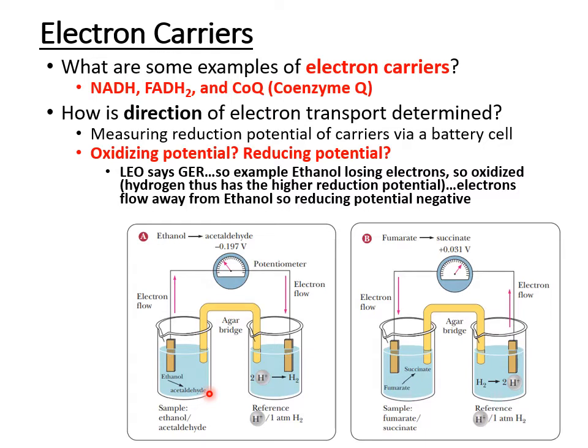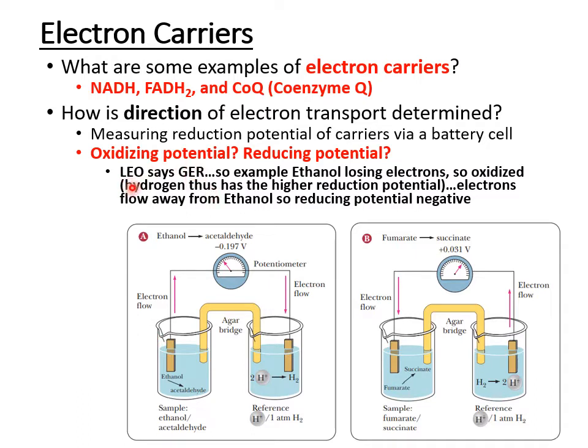Okay, so when you create this battery cell, you have electrons flowing away from something, toward, in this case, what they call the reference cell. So you have the sample side and the reference side. When you have the electrons flowing away from your sample, which in this case is ethanol, we use the little trick of LEO says GER.